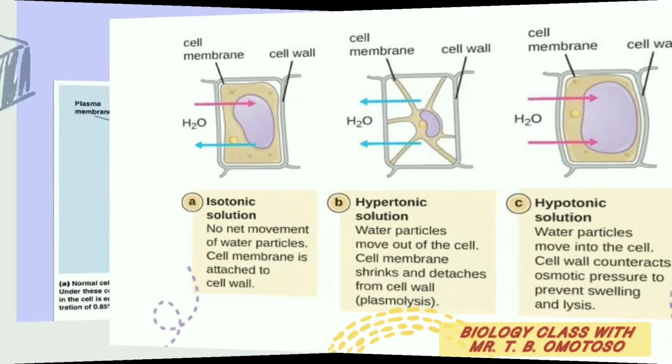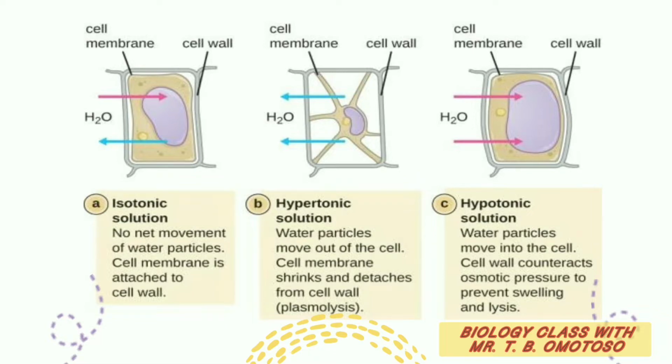They shrink. Looking at this diagram also, the cell in a normal isotonic solution is a normal cell. But when placed in a hypertonic solution, the cell membrane shrinks together. So that is the aspect of plasmolysis.